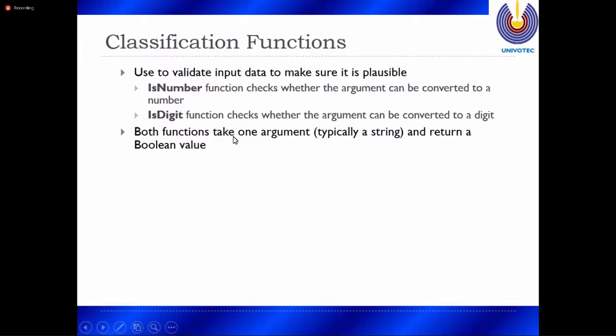Both functions take one argument, typically a string, and return a Boolean value. Whether it's IsNumber or IsDigit, it returns a true or false value. This means it's a Boolean type function. If it's true, then you can convert that particular string to any other data type.